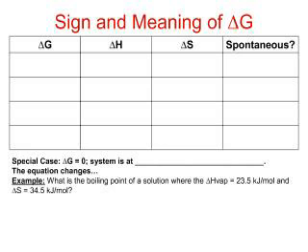Okay, what does delta G mean? Delta G, the change in Gibbs free energy, is going to tell you whether or not a reaction is spontaneous.